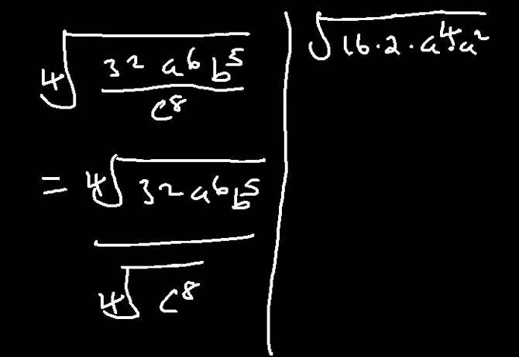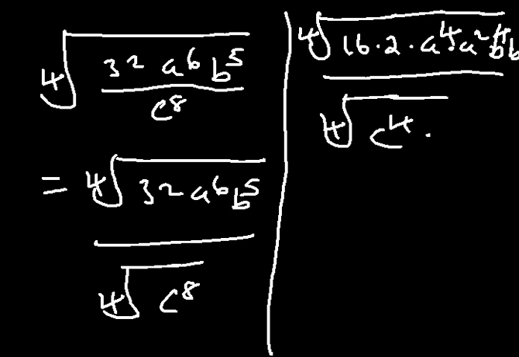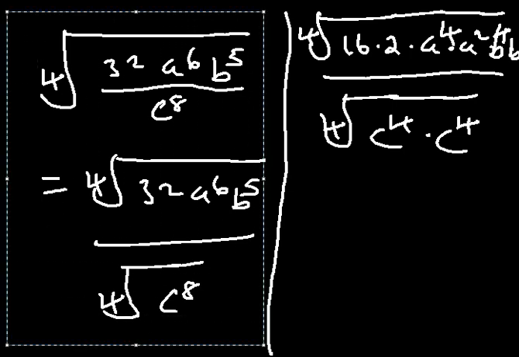We'll have b to the power 4 times just b, divided by, and how about this one? That is the same as the fourth root of c to the power 4 times c to the power 4. And of course, that's the working principle. The next from there, we'll have this.